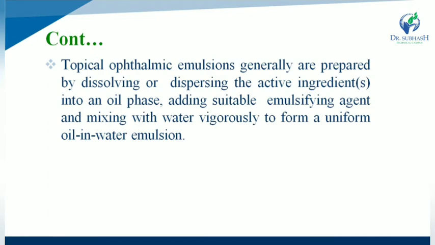Topical ophthalmic emulsions are generally prepared by dissolving or dispersing the active ingredients into an oil phase, adding a suitable emulsifying agent, and mixing with water vigorously to form a uniform oil in water emulsion. So what about emulsion preparation? It is prepared by dissolving or dispersing the active ingredient into the oil phase.